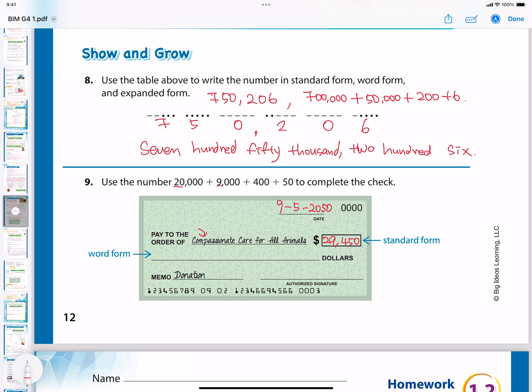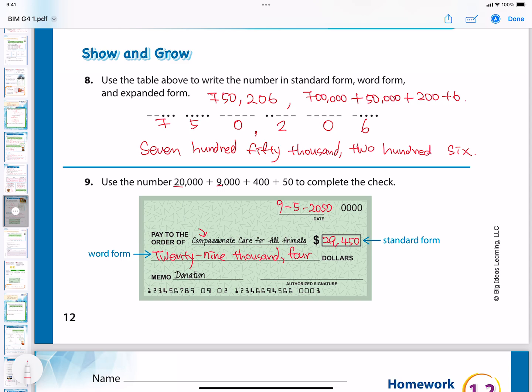And word form, I'm going to use these. 20. Sorry, I was thinking 2. Sorry, why? 29,000, comma, and 450.